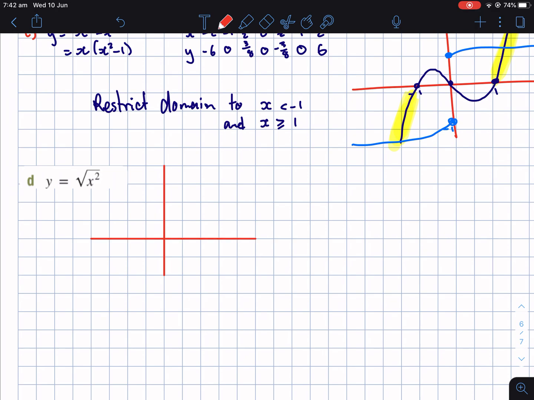So if x is 1, x squared is 1, square root of that is 1. X is 0, we're fine. X is 2, that squared is 4, square root of that is 2. X is minus 1, negative 1 squared is positive 1, square root of that is positive 1. So this is literally like the absolute value.